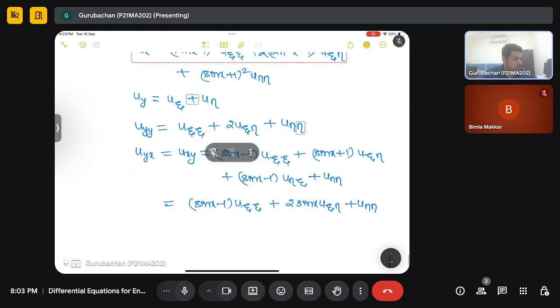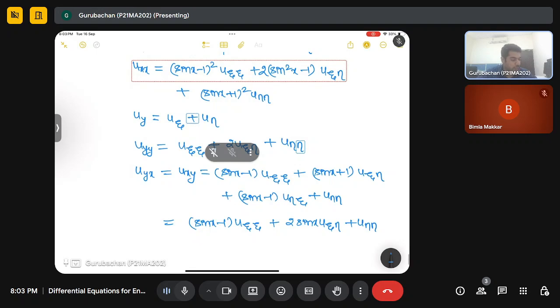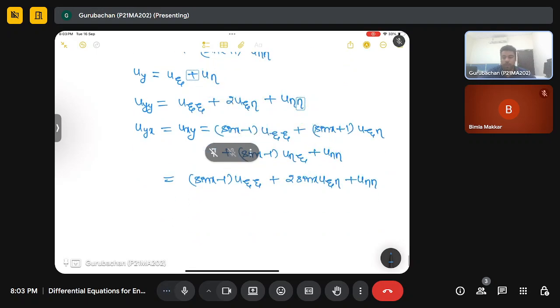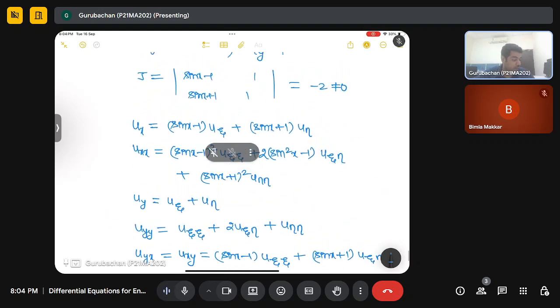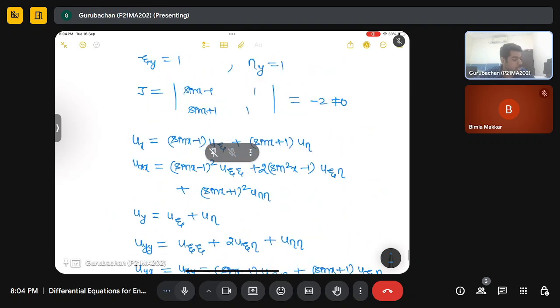Okay, now we have to substitute these values into our original equation. So let me rewrite my original equation. My original equation is uxx minus 2 times sin x uxy. As I differentiate, here we have done one error.